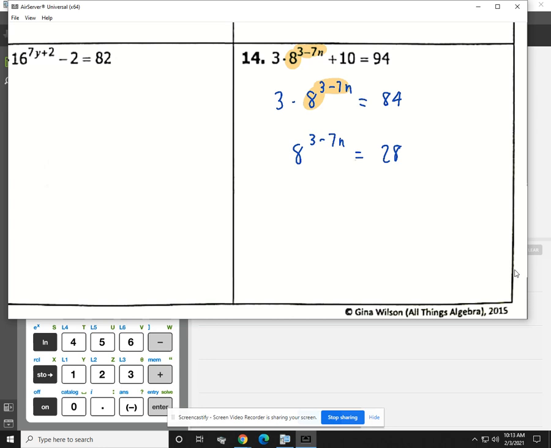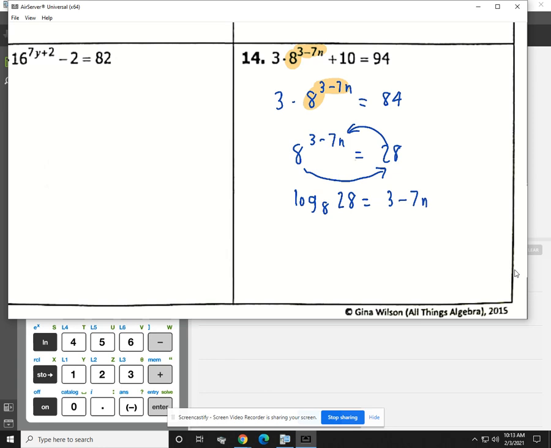Yes. So now we're ready to rewrite it as a logarithm. What's the base of my exponent here? 8. So log base 8 of what? 28. And that equals that whole thing, 3 minus 7n.